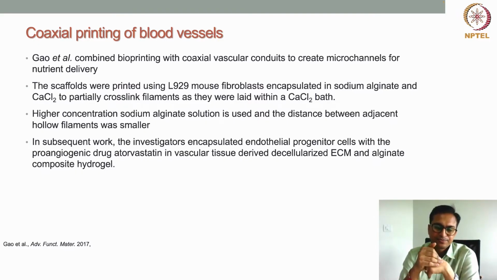Using this coaxial extrusion bioprinting concept, they generated a sodium alginate tube-like structure filled with calcium chloride solution. The calcium chloride here is the crosslinker for the sodium alginate, so the alginate bioink solidifies and forms an open lumen, tube-like structure, filled with L929 cells.